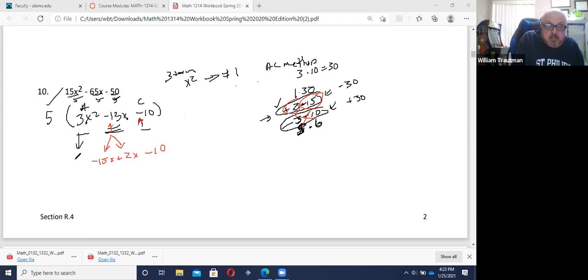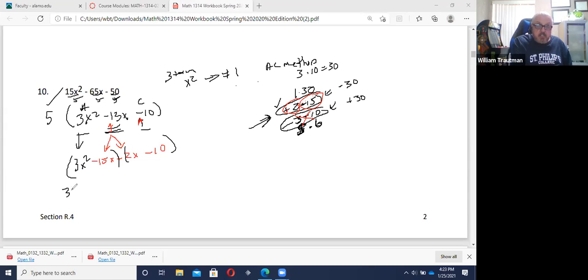This comes down to 3x squared. So I'm using the +2 and a -15 with the x's, and I put the -15 first. Then we factor by grouping.